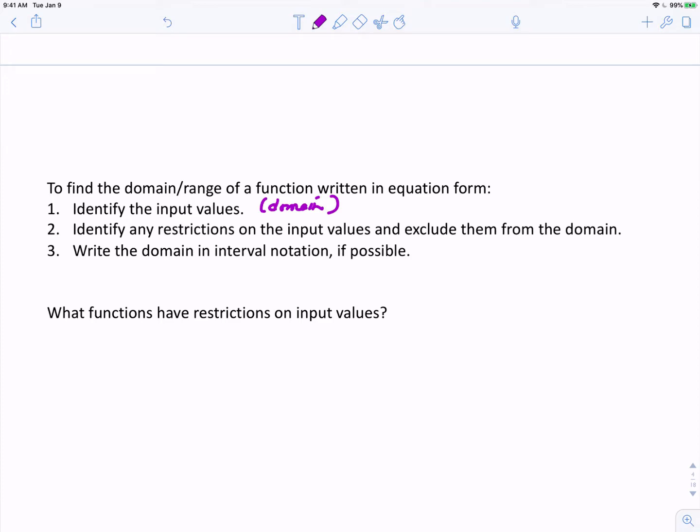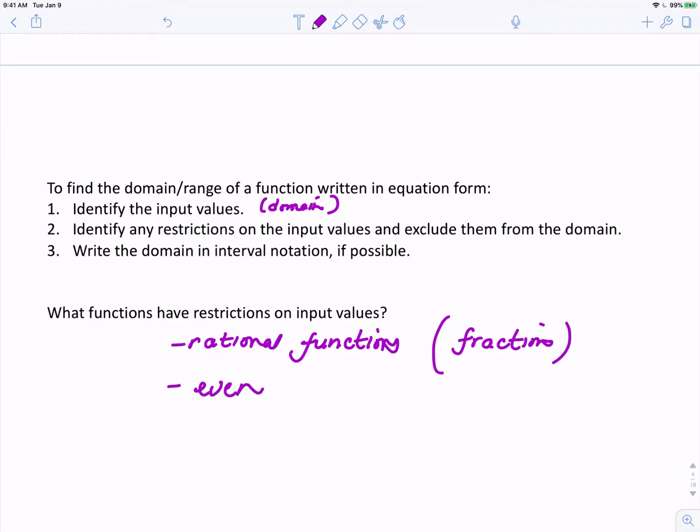Of all of the functions that were listed in the first section in our library of functions, the only functions that have restrictions on their input values are rational functions, which are ones that look like fractions, and even root functions.